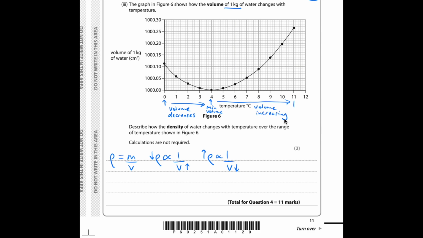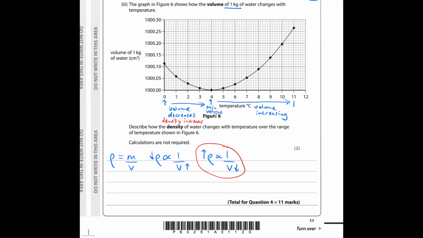But they've been a little bit tricky because they don't want us to talk about volume, they want us to talk about density. And the way that we relate the volume to the density is with this equation, as I've said. So between 0 degrees C and 4 degrees C, the volume decreases, that means that the density is increasing. So density increases.